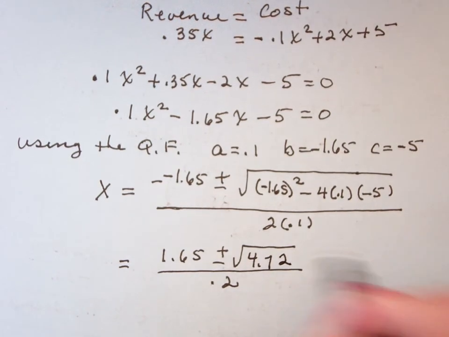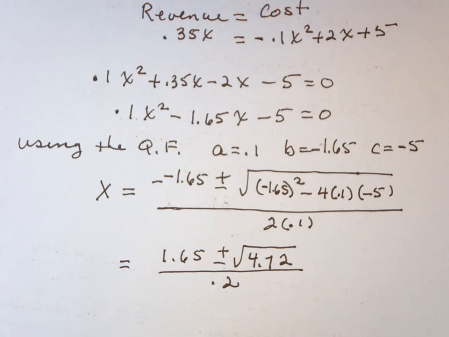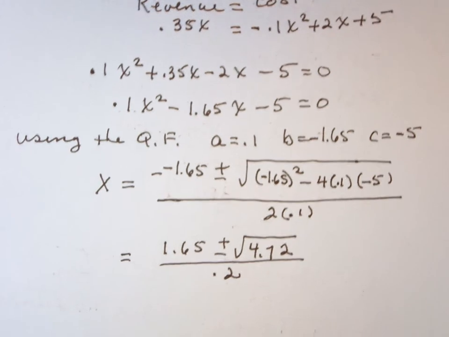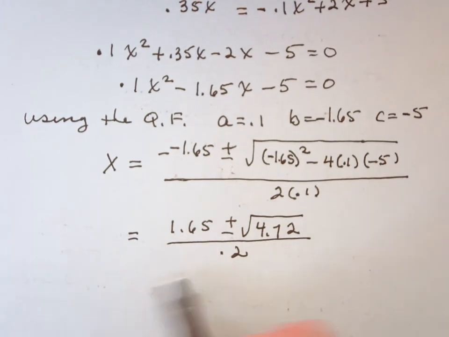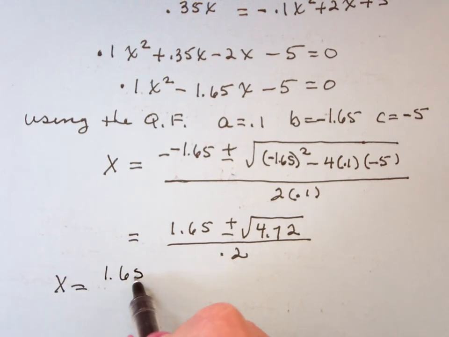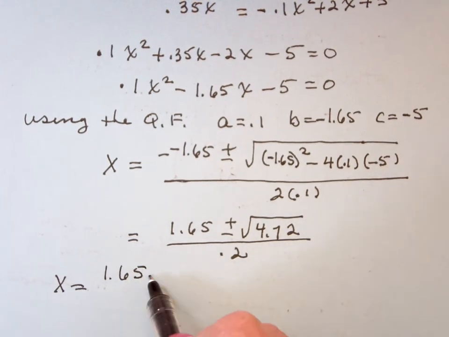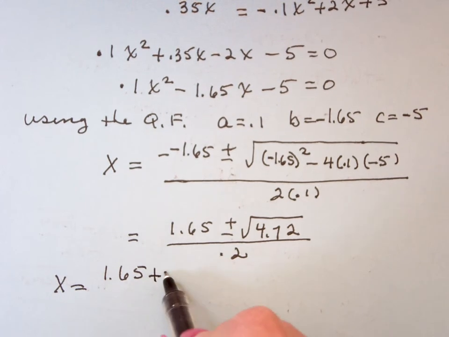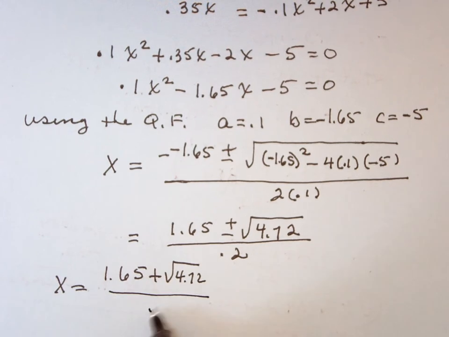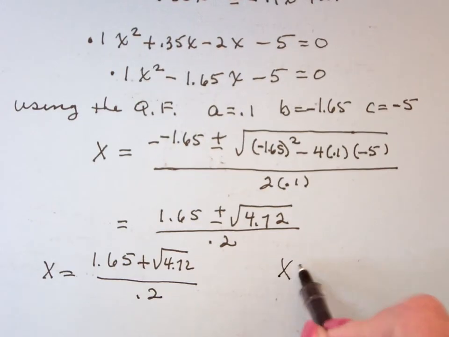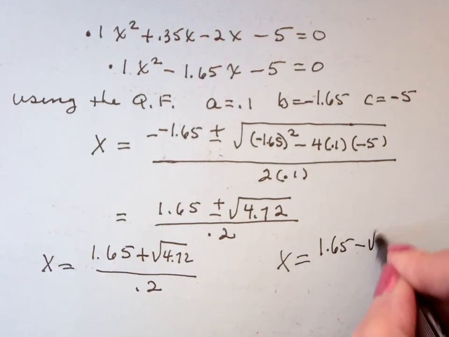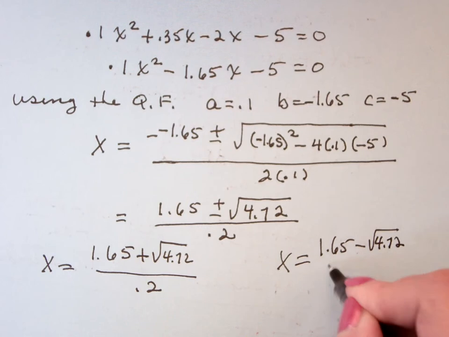And it doesn't matter to me, and you're going to say, well, why? Because in the end, I'm going to be doing most of my calculation with my calculator anyway. So x is going to be 1.65 plus the square root of 4.72 over 0.2, or x is 1.65 minus the square root of 4.72 all over 0.2.